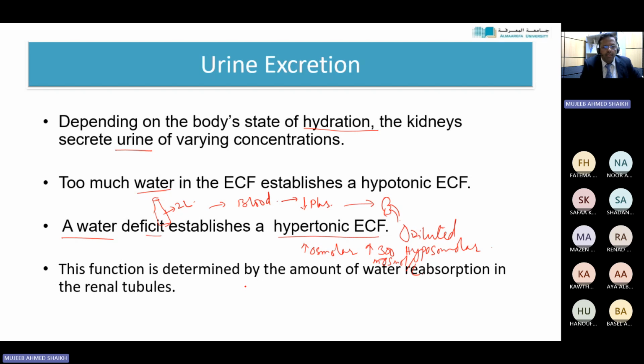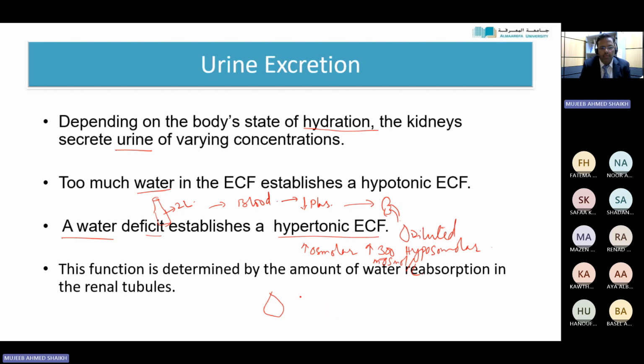So the kidney will decide depending upon the water reabsorption or water availability in the tubules. This is the main theme of today's lecture, that how the kidney will regulate to excrete a very diluted urine or a very concentrated urine. Sorry, this is not the correct picture.